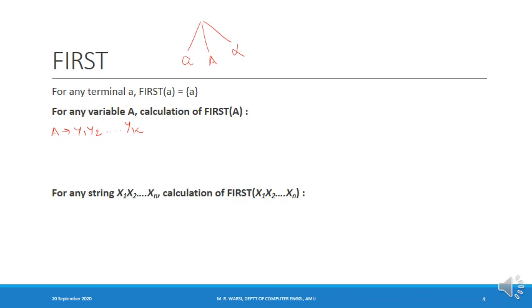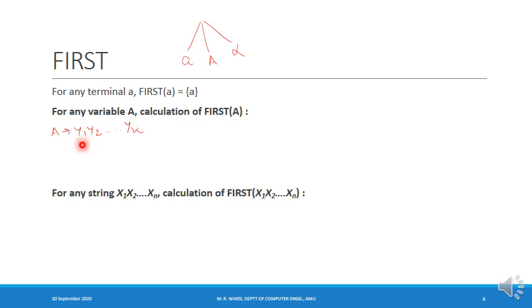Then in order to calculate the first on the basis of this production, any string which is derivable from this production will begin with the terminal symbol which is there in the first of y1 except for epsilon.